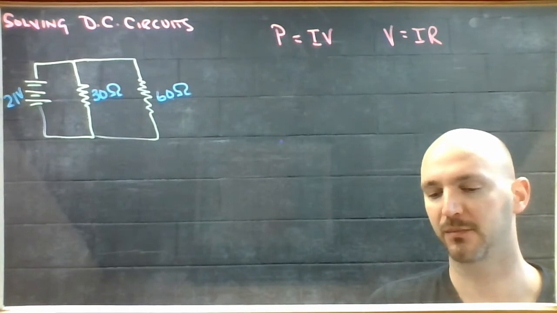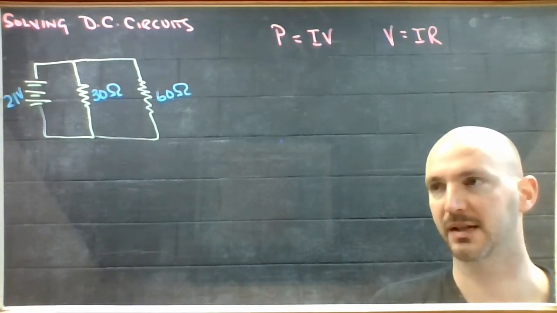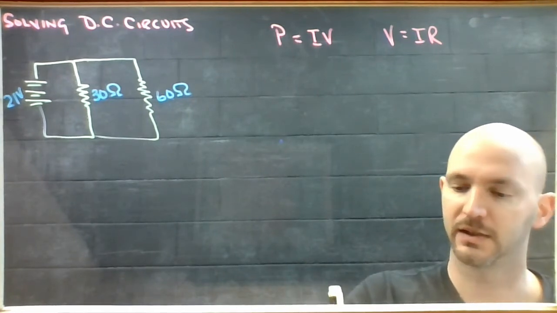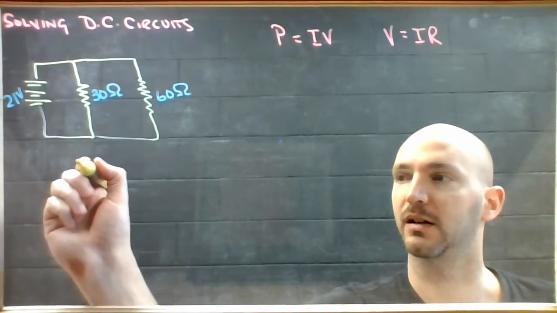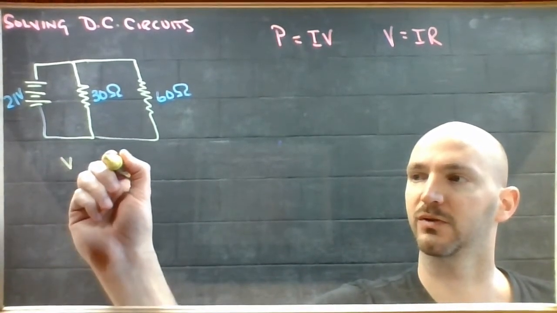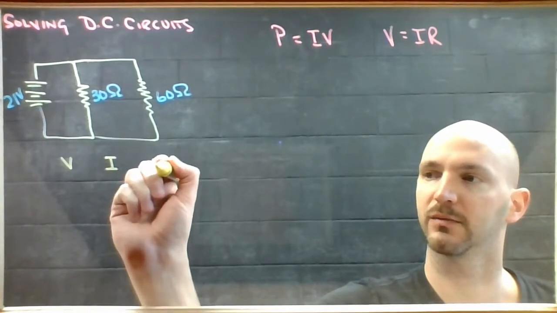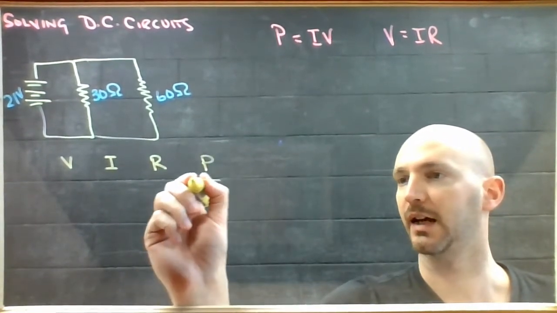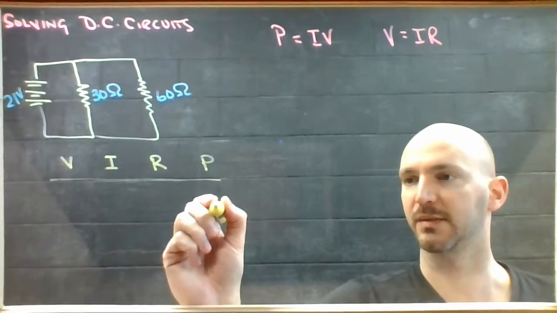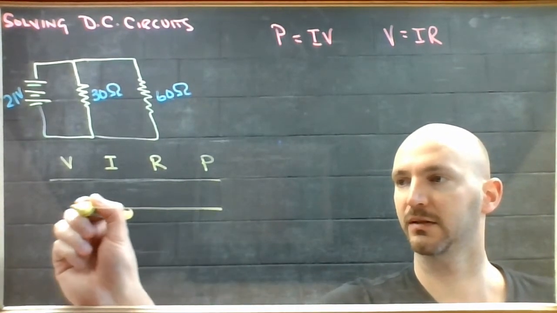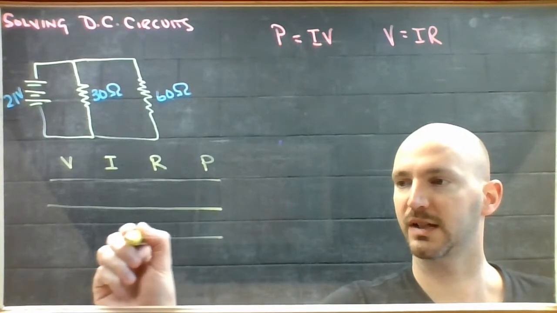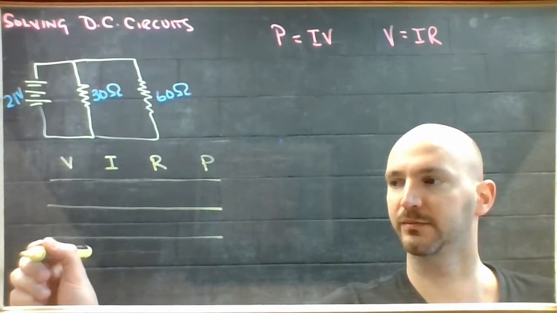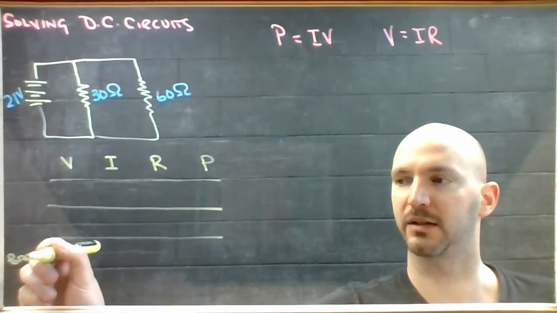So if I make myself a chart here, then the four properties are voltage, current, resistance, and power. And I only have 3 components in this particular circuit. 2 resistors and a battery. I'm going to put the battery at the bottom.